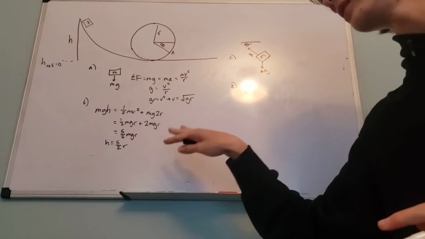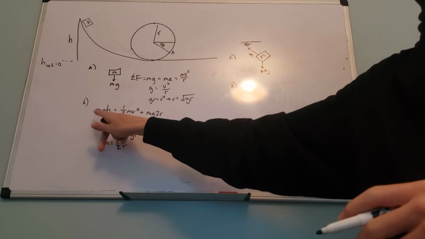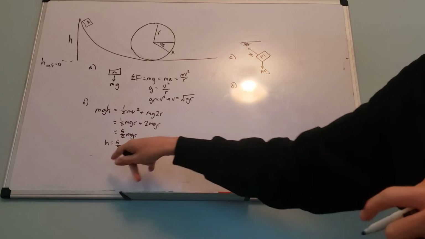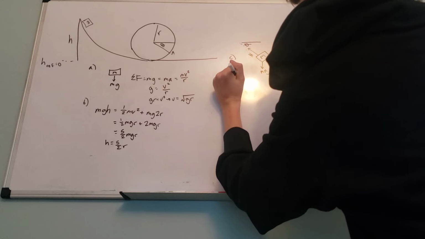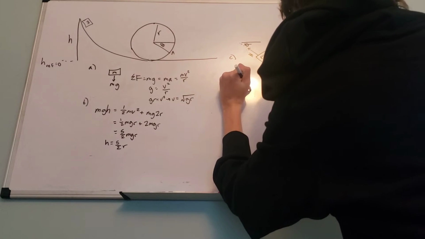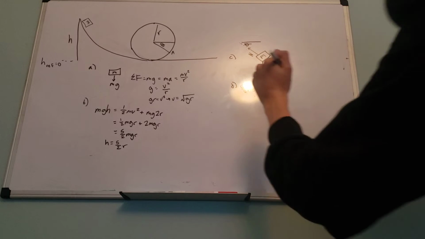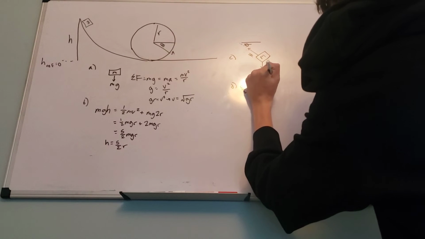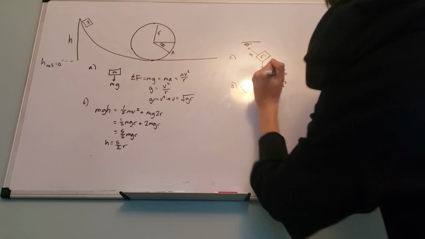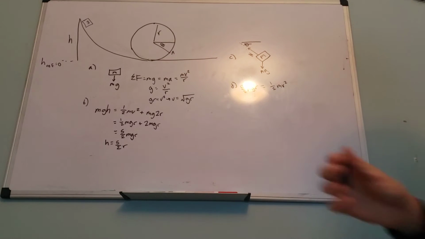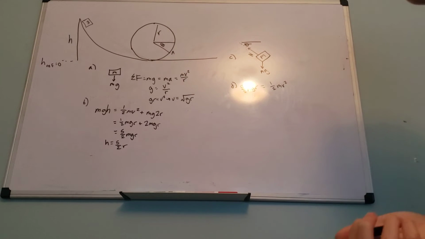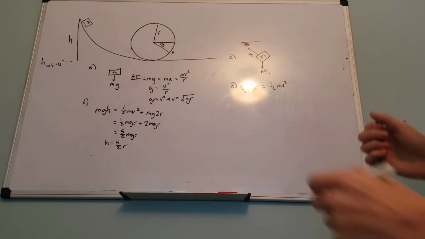We can compare it to the energy at the start of the ride, which is mgh, but we now know that h is equal to 5/2 r. That's our initial energy. At this point, we have some kinetic energy, but we also have some gravitational potential energy. Let's think about what that would be.